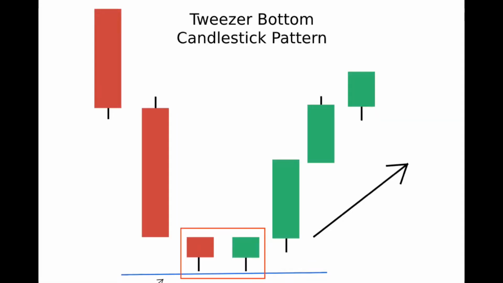So if you've watched this far, then congratulations, because it's going to be our last candlestick pattern formation, which is the tweezer bottom, or the bottom tweezer. It occurs at the end of a downtrend, and it is characterized by two opposite candlesticks. First, the bearish candlestick having the same body size as the bullish candlestick.